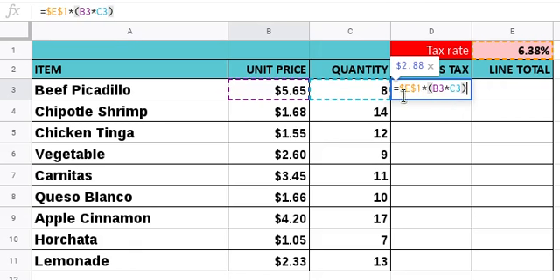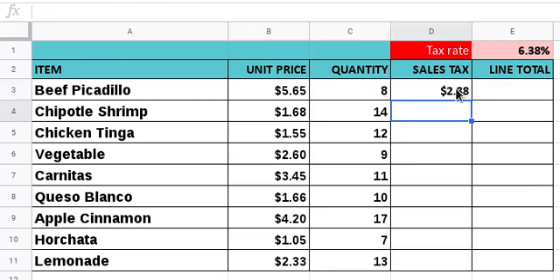Actually, we do not read the dollar signs. We read it as E1, but since we understand it now, this is an absolute part of the formula. B3 is not absolute. It's relative because it will keep on changing. C3 is not absolute. It's relative because it will keep on changing. When we press enter, we still get the same figure as usual.